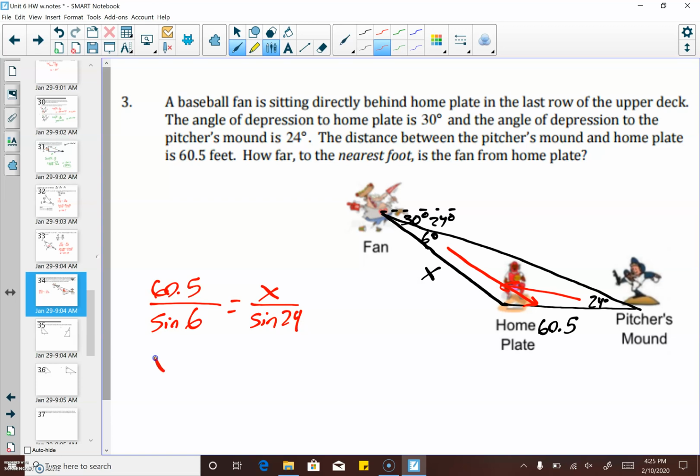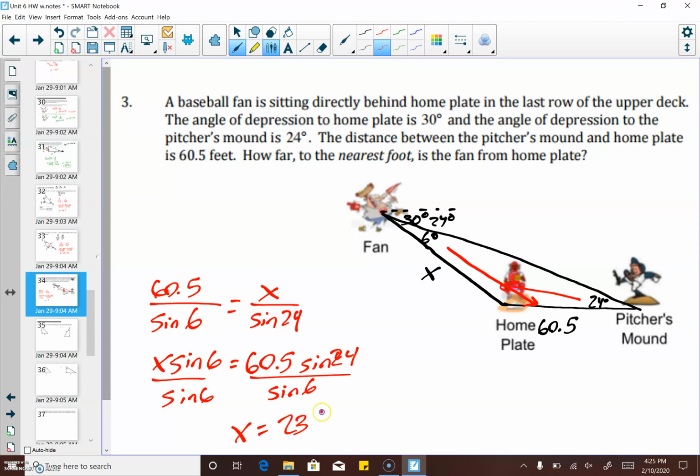We'll cross multiply: x sine of 6 equals 60.5 sine 24. We'll divide both sides by sine of 6, and with some quick calculator button pushing, we end up with x to the nearest foot, 235.4. So you get 235 feet from home plate to the fan.